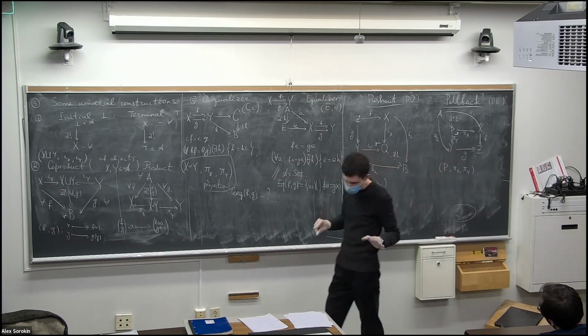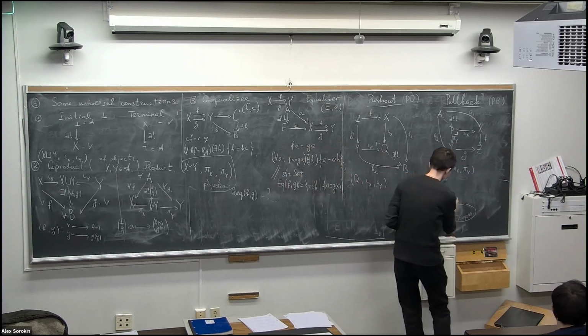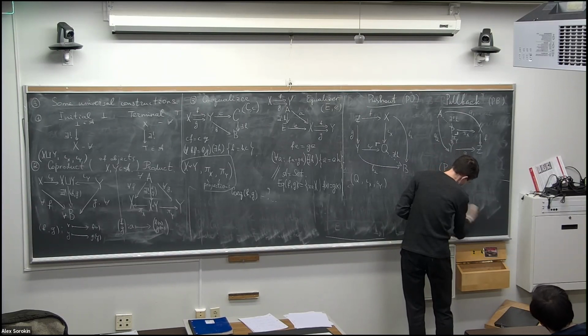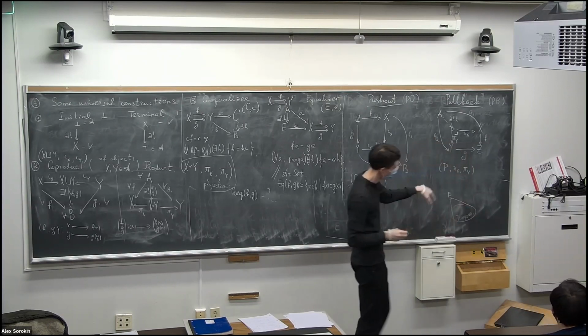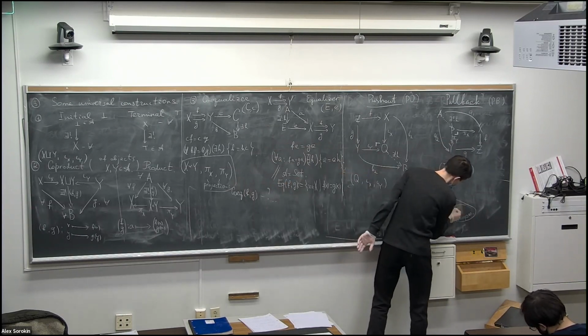Some set of objects with arrows between them. I'm finding here an object making a cone, so dropping down an arrow to every object in the diagram.